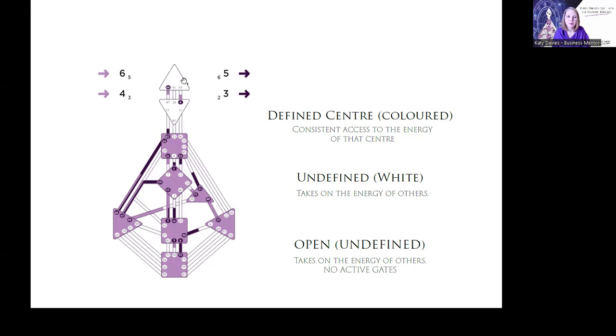So, for example, I have the undefined head and ajna, which means that my head, my mind, is open to external noise. Like the input is coming in. So it gets very noisy in my head. And the noise and the input that's coming in is going to try and overwrite my own energy.